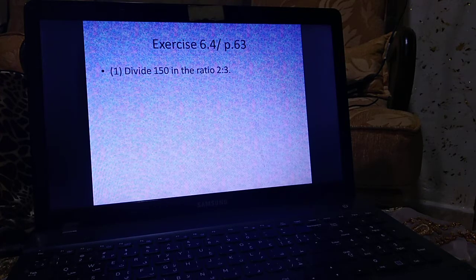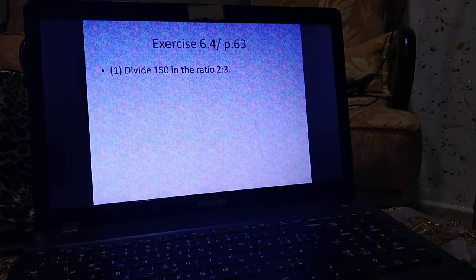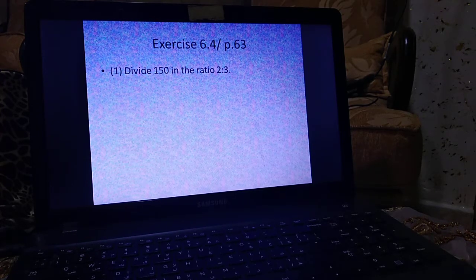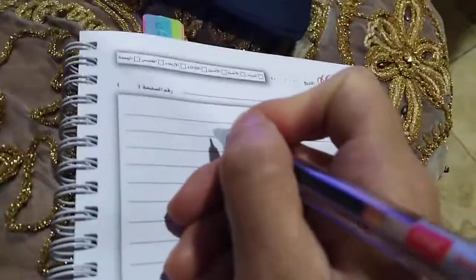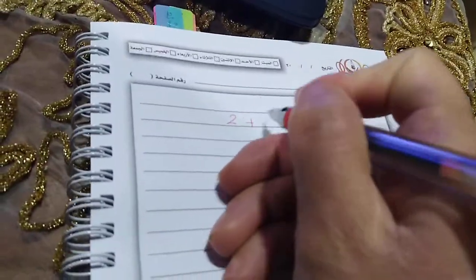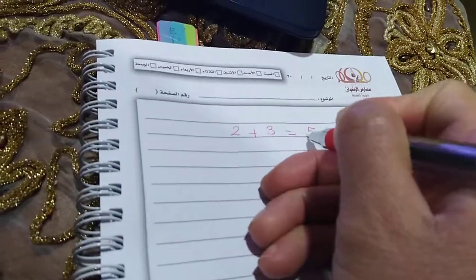Now to begin dividing 150 in the ratio 2:3, I have to add the parts of the ratio first, which means I will begin by adding 2 plus 3, that is 5.